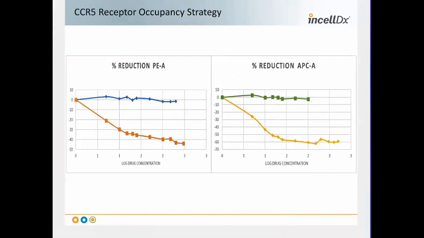So in other words, tropism is about the virus, receptor occupancy is about the cell. By no means does our receptor occupancy ever predict that a virus will bind to CCR5. Both assays are needed, at least in the HIV context.